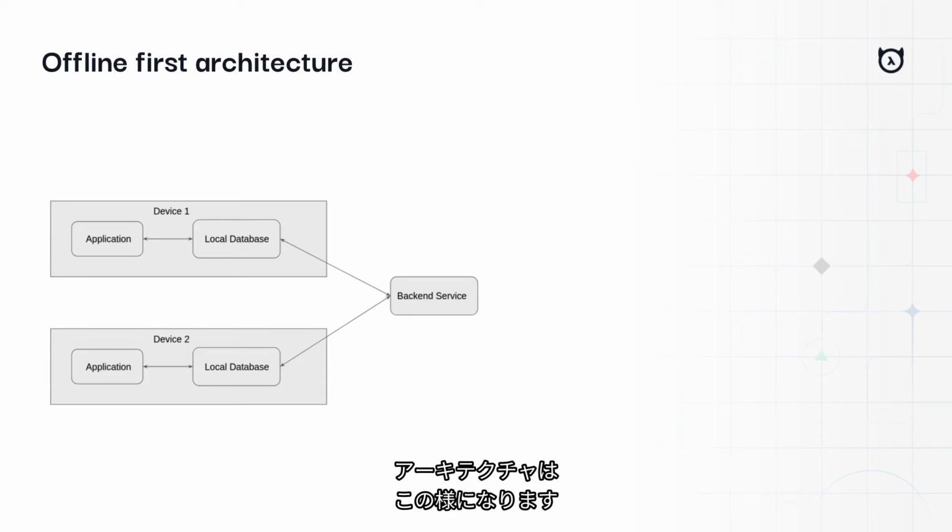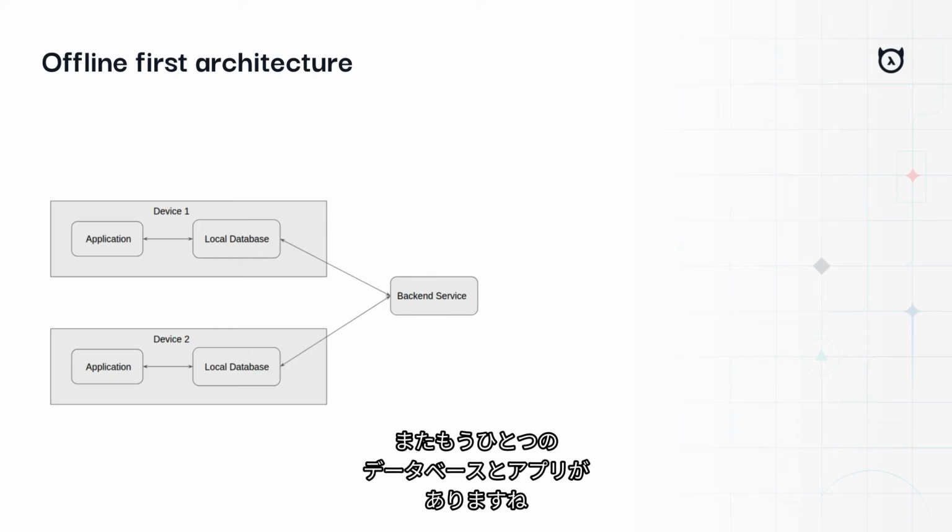So the architecture will typically look like this. We have a backend service, and there are a couple of devices present: one would be a local database on device one with an application, and there's another device two with another local database and application.